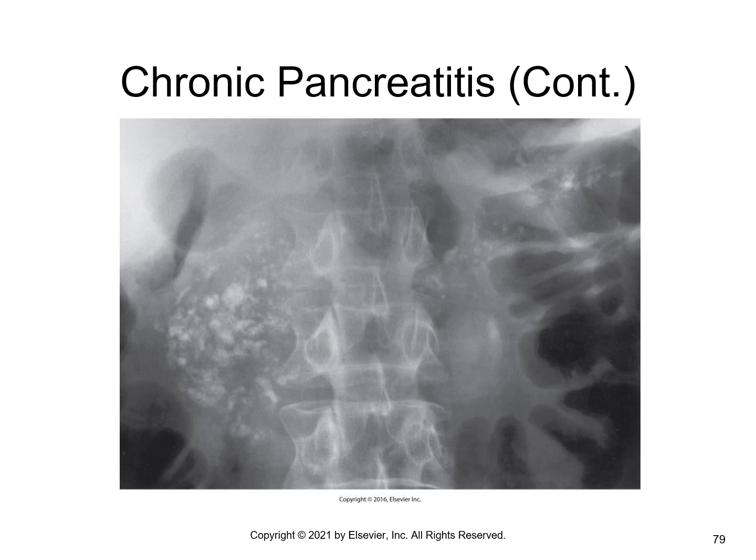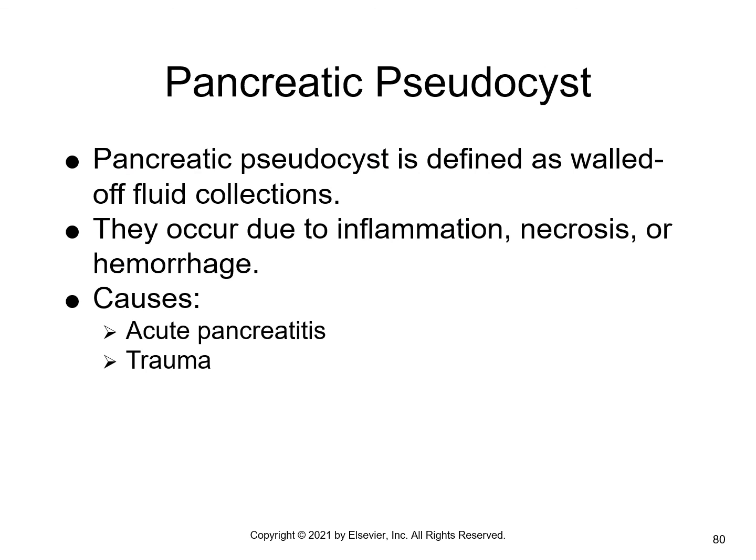Now, there's such a thing called pancreatic pseudocyst, and pseudo means false, and cyst would be a well-circumscribed fluid-filled area. So this pancreatic pseudocyst is a thin-walled fluid collection, but it's not just a harmless cyst.